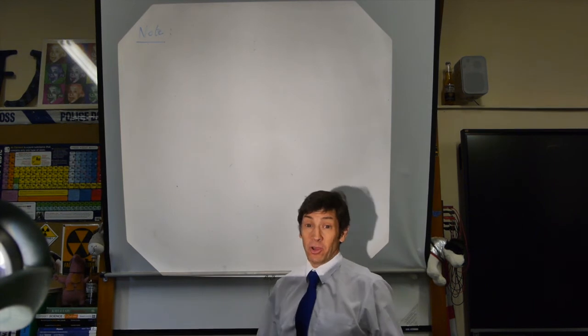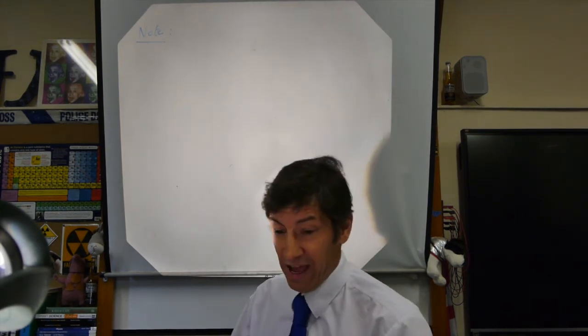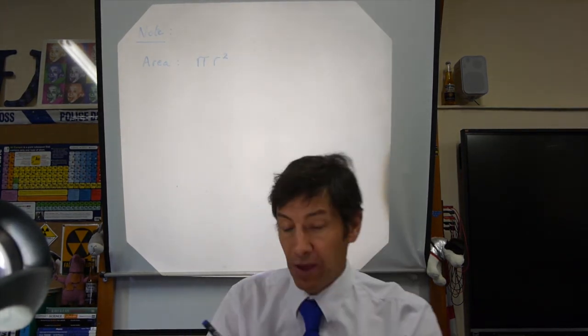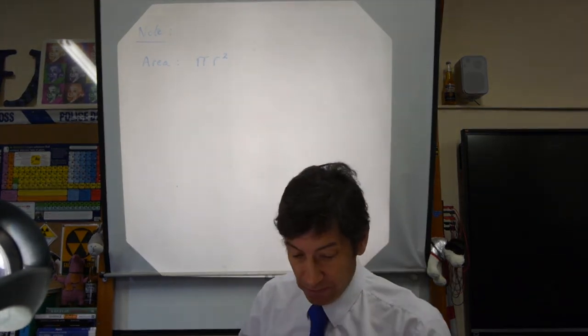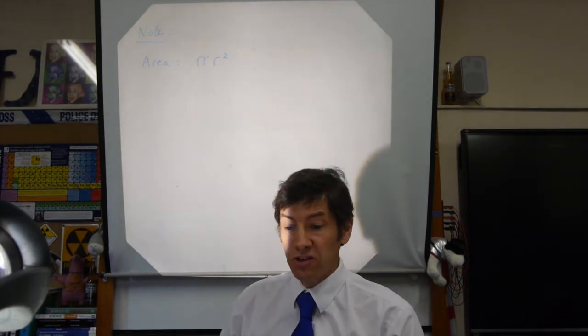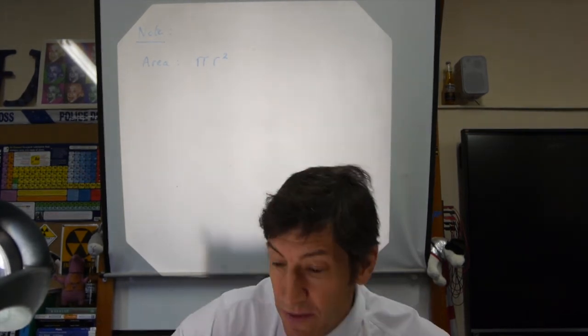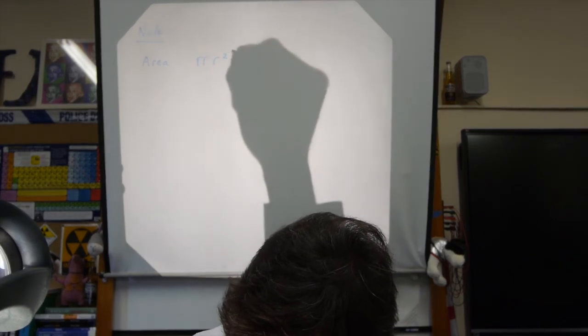So, in summary on this point, just to make it fully clear, imagine you're doing an area, and it's an area of a circle. This is a common one, pi r squared. That's pi r r, so the r is multiplied together twice.